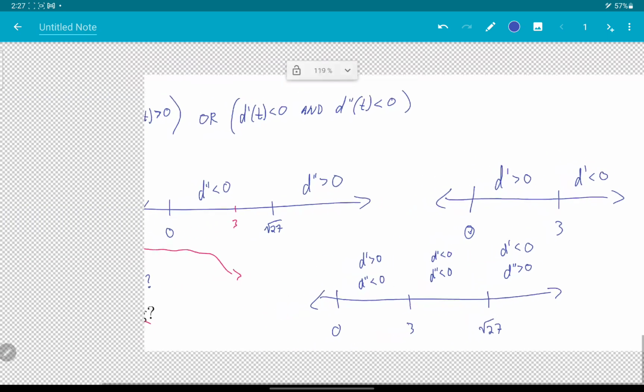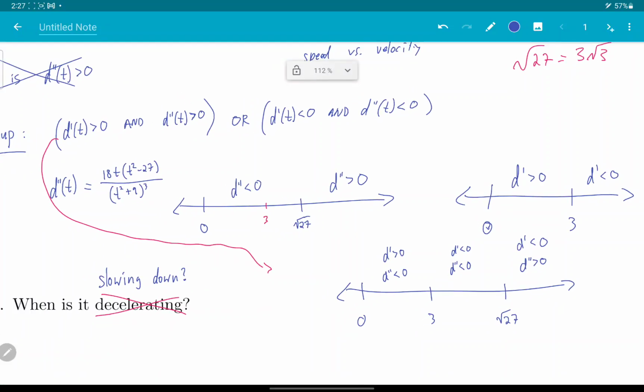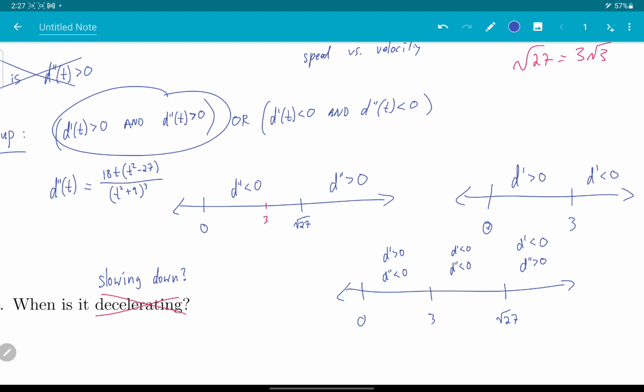Okay, so when do we have this scenario or this scenario? Well, it only happens in one place, right? It only happens right here, where both d prime and d double prime have the same sign.